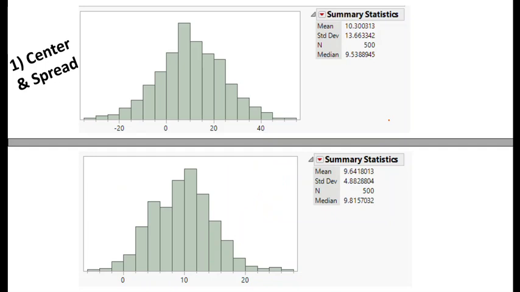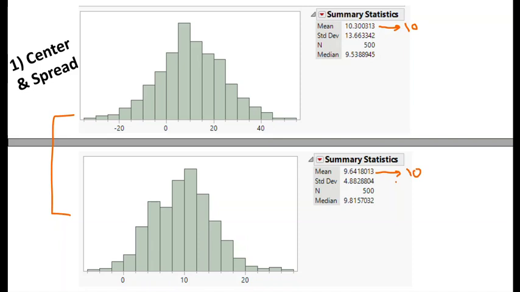So here we will study the center and spread at the same time because they're kind of closely related, right? So here we have 2 different distributions. Now look at the mean value, assuming that this is the central value we want to consider rather than the median. As you can see, rounding the mean, the value is 10. For this distribution, rounding to the nearest integer, the mean is also 10.